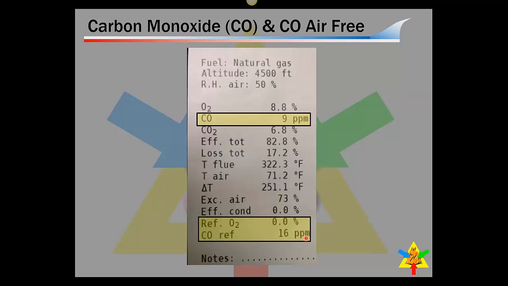This reading will always be higher than this reading, and in this case you can see by almost 50%, because the oxygen and excess air dilutes carbon monoxide. I've asked the machine to tell me my O2, pretend it's 0, what is my reading? 16 parts per million is the true CO production for this piece of equipment.